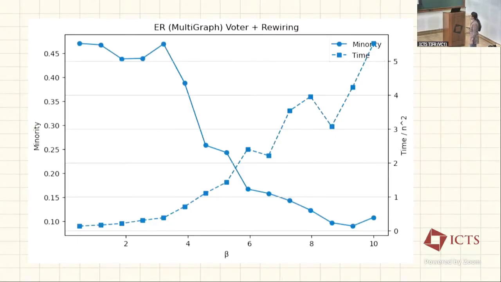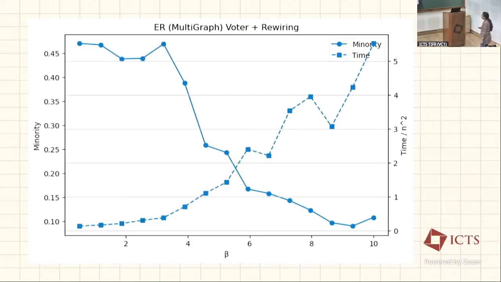If we concentrate on this portion, for a small value of beta, we reach the absorption time quite fast. Along this axis, we have plotted the minority fraction, along this axis the beta, and along this axis the absorption time.